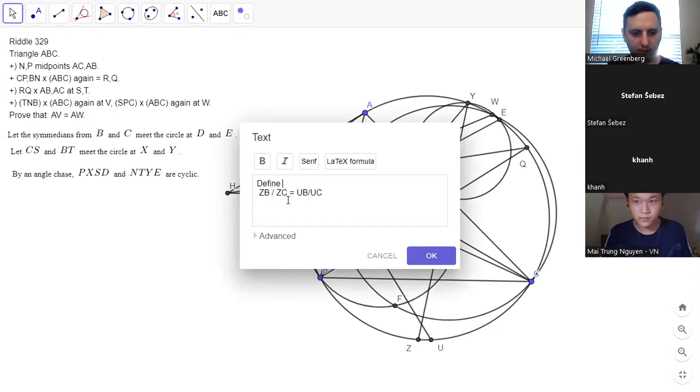I'll say define Z and U as shown. And then ZU is parallel to BC if and only if ZB over ZC is UC over UB.